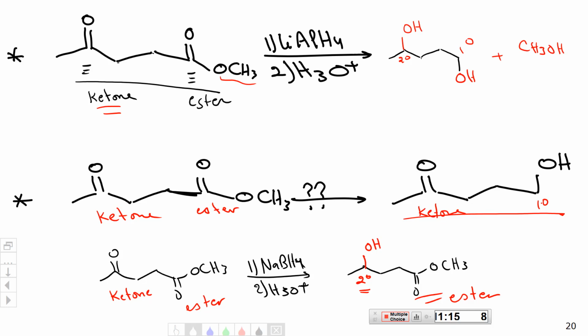Here is where protecting groups come in, where I start saying, okay, I need a protecting group. I need to protect the ketone until I do what I need to do to the ester, then I would remove the protecting group. So one of the aspects of a protecting group is it reacts with specific groups, not others. And that's what the acetal is.